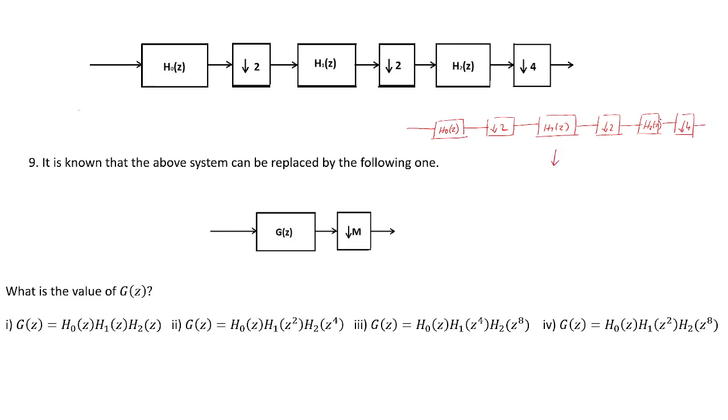Now consider this part first. What can it be written as? You can move it to the left using noble identities. H2 Z square, and this on the right, 2 downsampler blocks back to back.